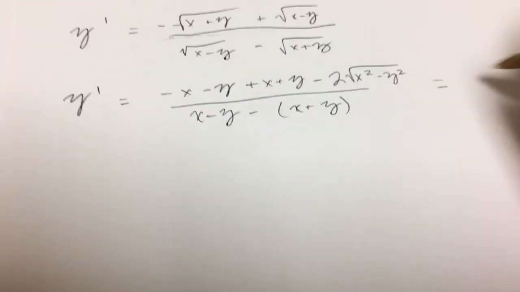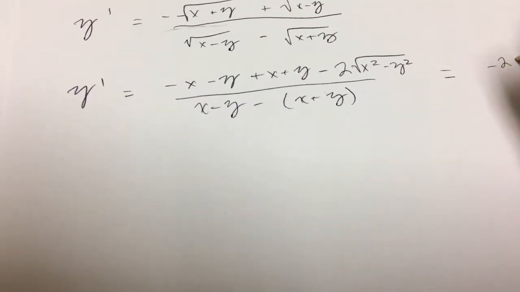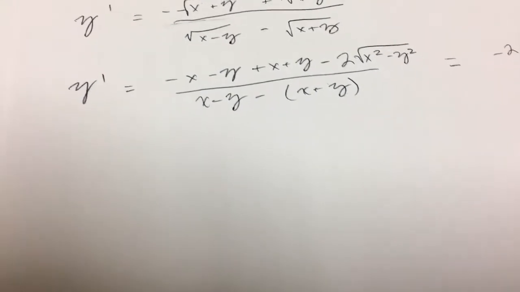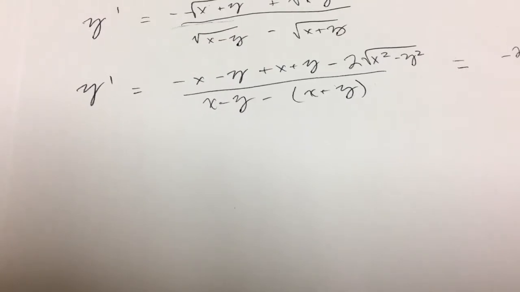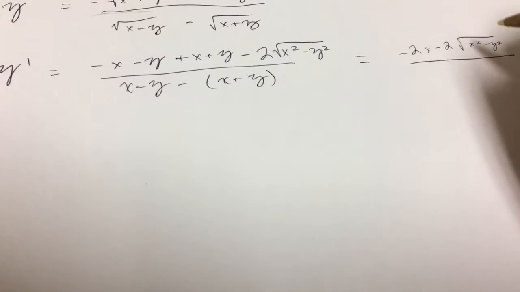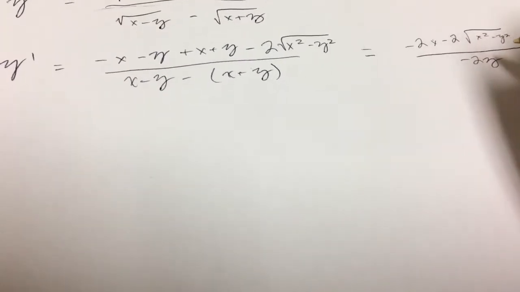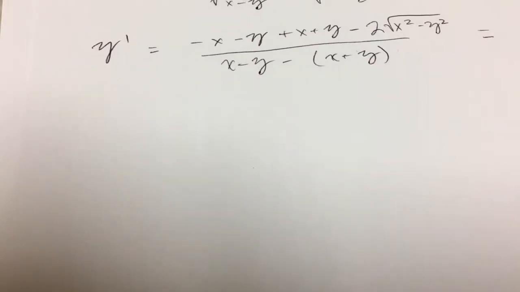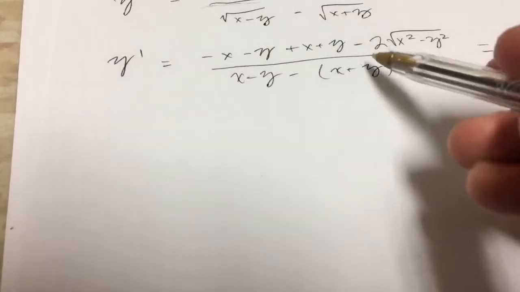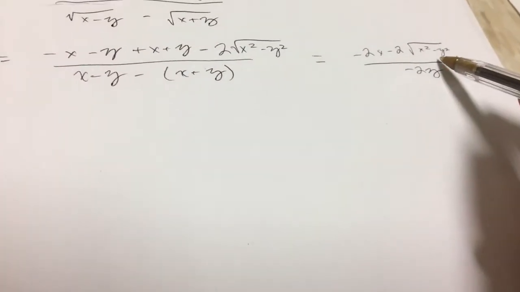This equals negative 2x minus 2 square root of x squared minus y squared over negative 2y. And we know this because when you multiply the denominator by the numerator, you end up with that at the end.